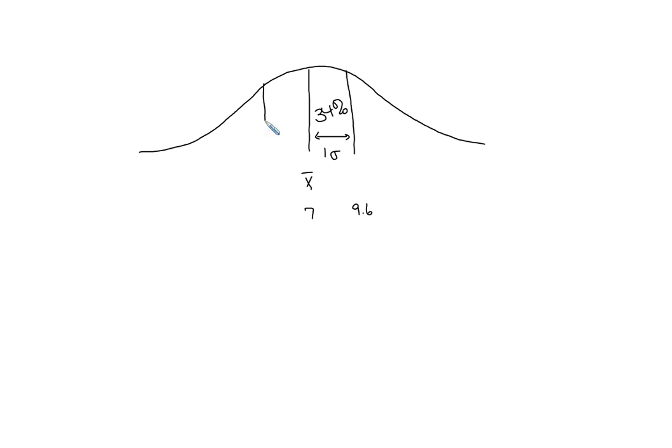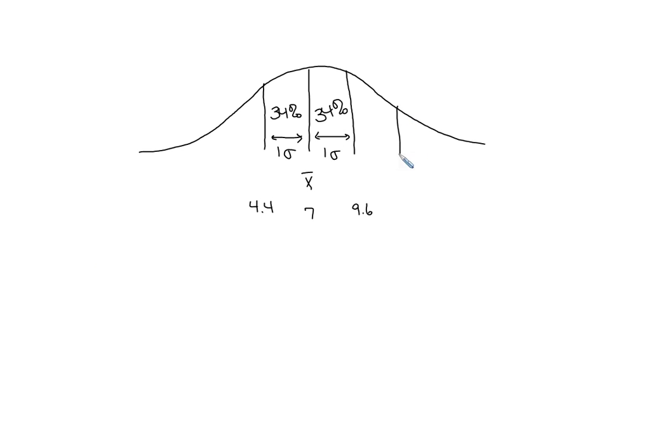Likewise, if I go one standard deviation this way, if I subtract 2.6, that would leave me 4.4. Between 4.4 and 7 is another 34%. So altogether, within one standard deviation above or below, we would get 68% of our data if the data is normally distributed, if it's not skewed at all.